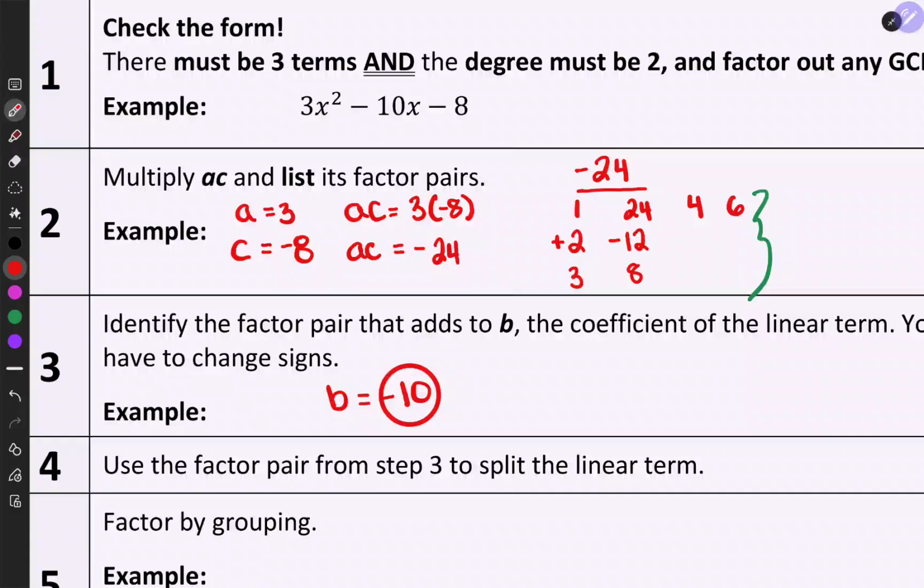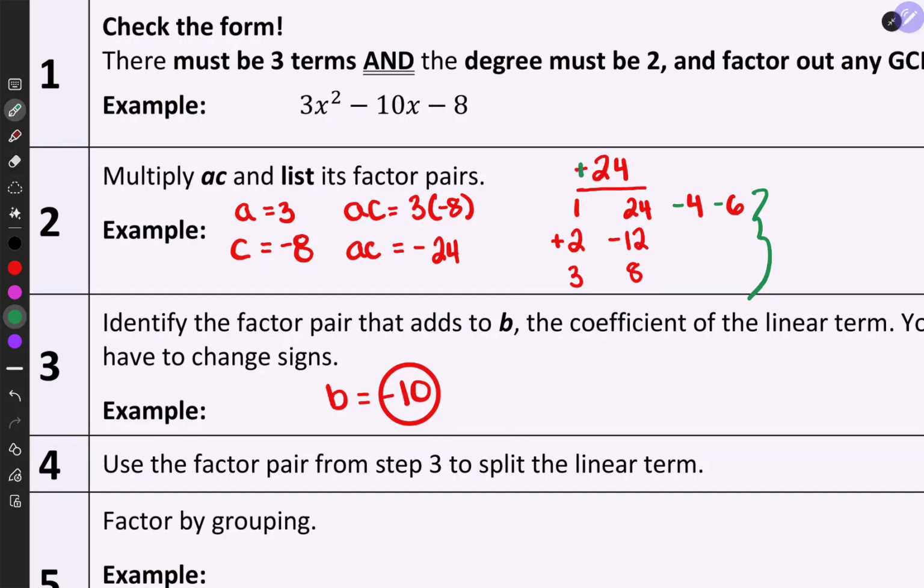Now you may be looking at, but what about 4 and 6? 4 and 6 is 10, and -4 plus -6 is -10. But if I multiply those together, I get +24, which we want -24. So be careful with that.